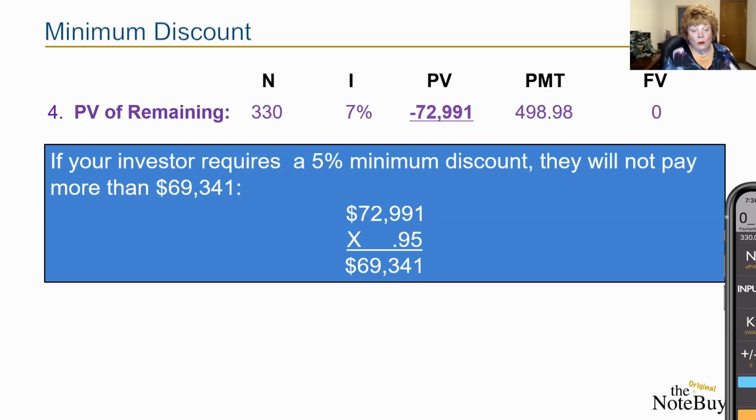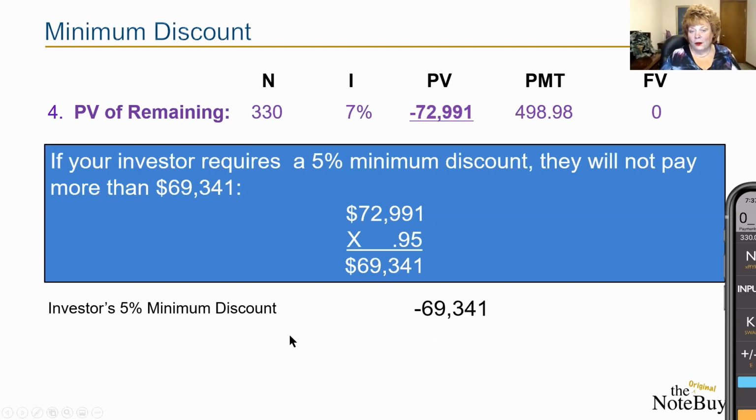Okay. Now we don't know what the yield is on that yet. The yield might be too low and they might want to pay even less for it, but they want a minimum discount. That means that they're not going to pay more than $69,341.